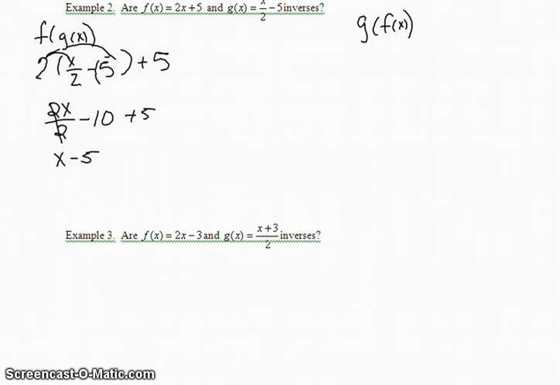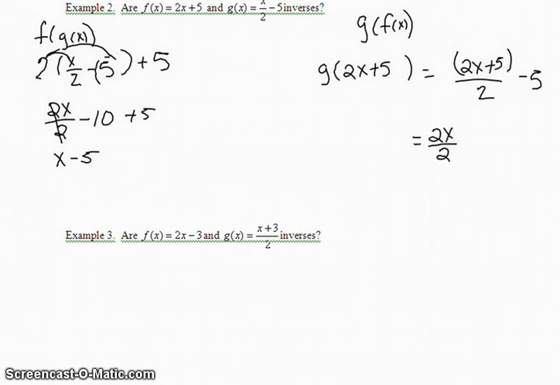Going the other way, we're going to have g of f of x, substituting 2x plus 5 into my blank parentheses, and then simplifying. I'm going to have 2x over 2 plus 5 over 2 minus 5.